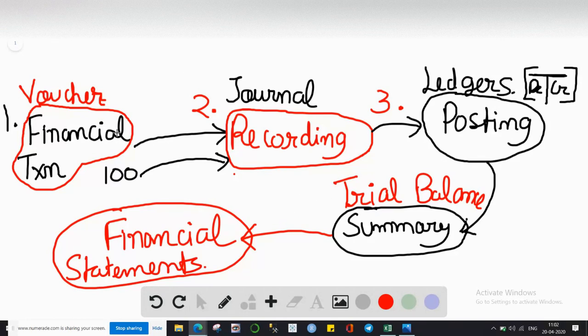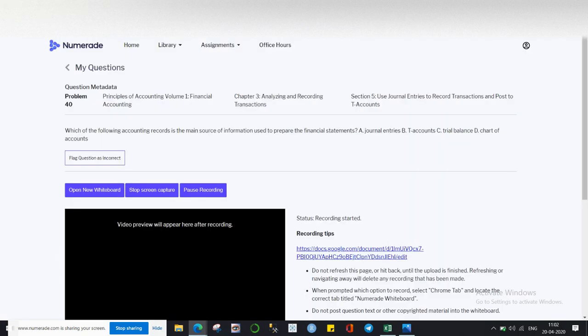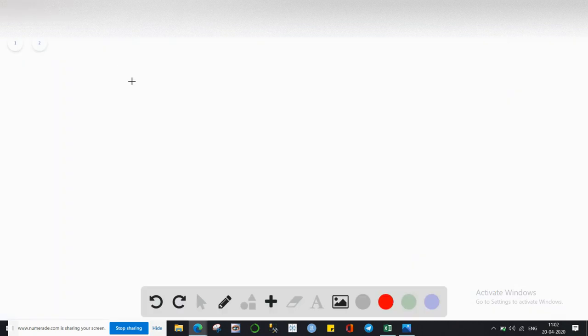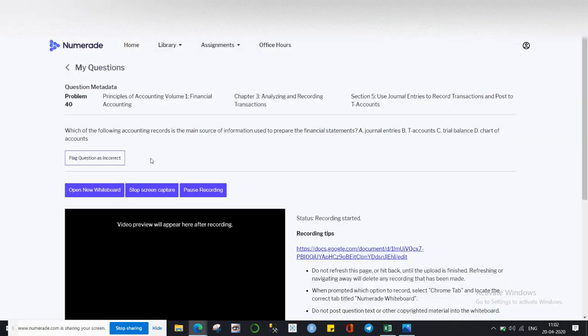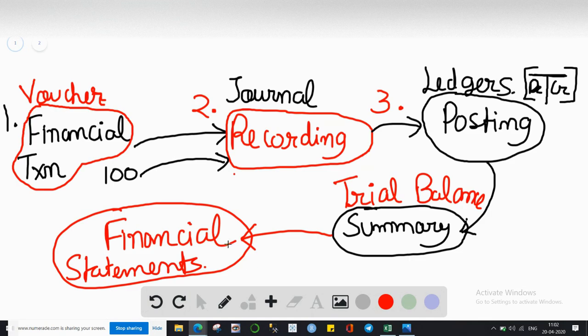Now, in the given question, we have been asked which is the main source of information used to prepare the financial statements. So now from this diagram we can clearly correlate that trial balance is used to prepare the financial statements.